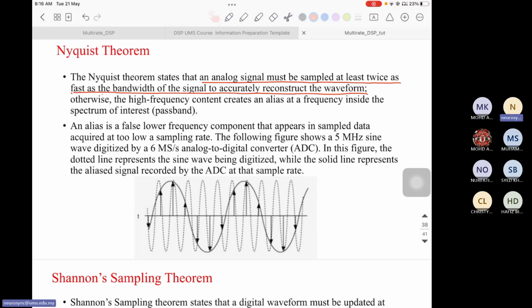The dotted lines represent the sine waveform being digitized, while the solid line represents the aliased signal recorded by the ADC at that sample rate.